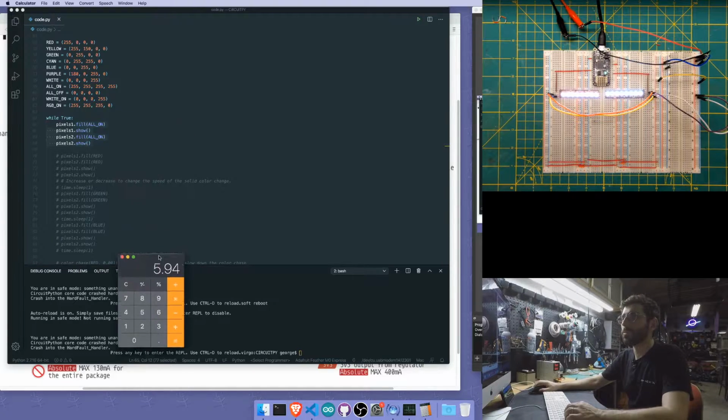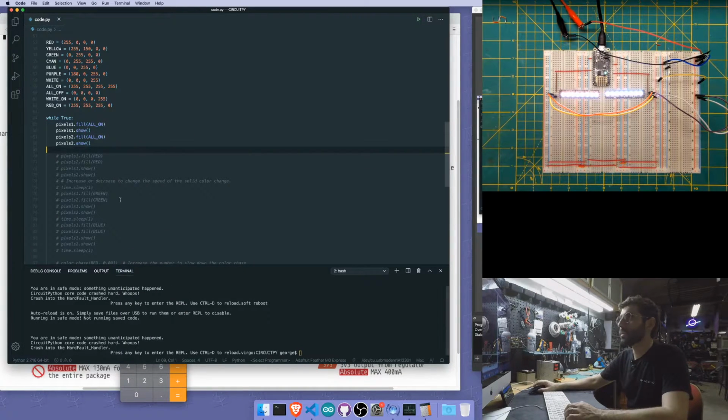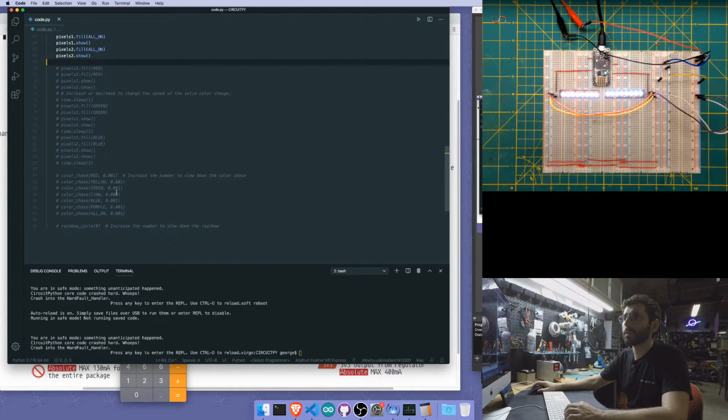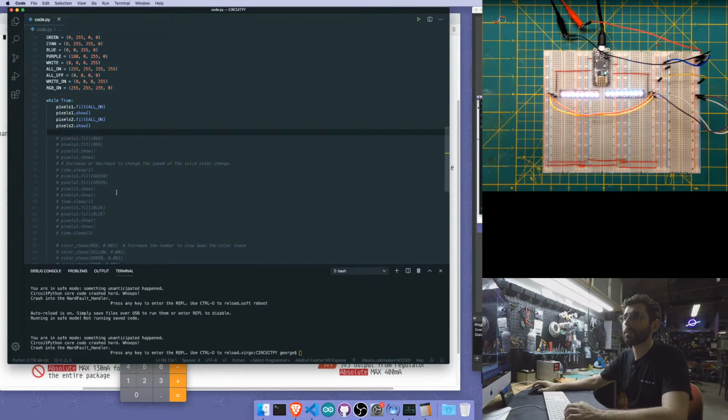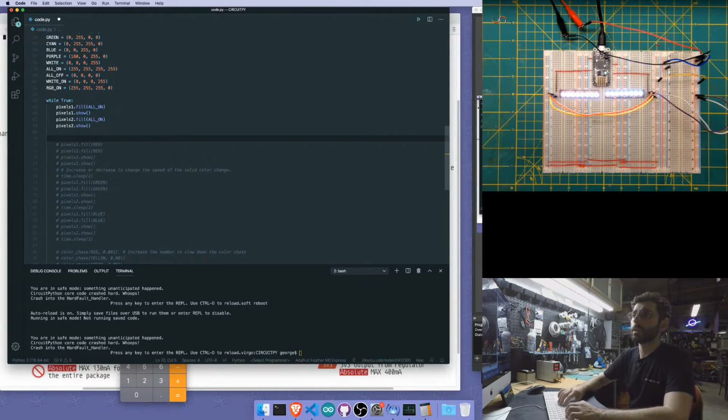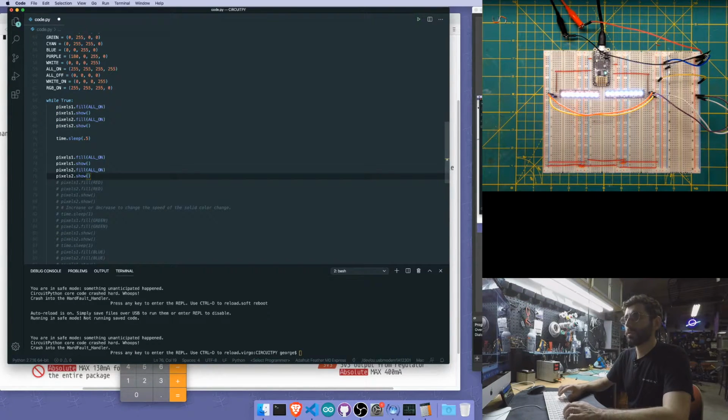I wonder if we strobe these things, what the amp spike looks like. I guess we can try that. So I'm gonna strobe both of these at full power and see what kind of draw we get.